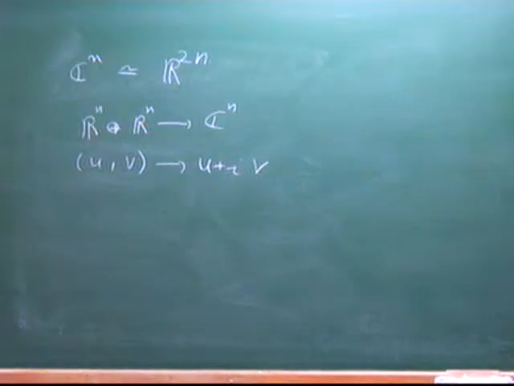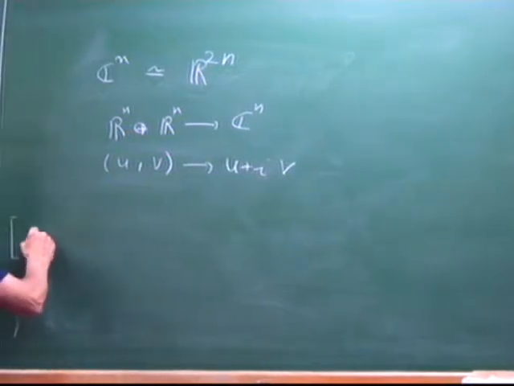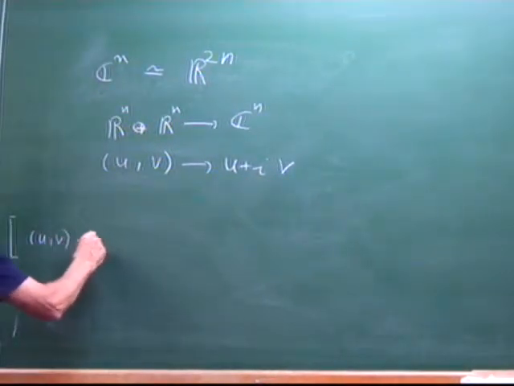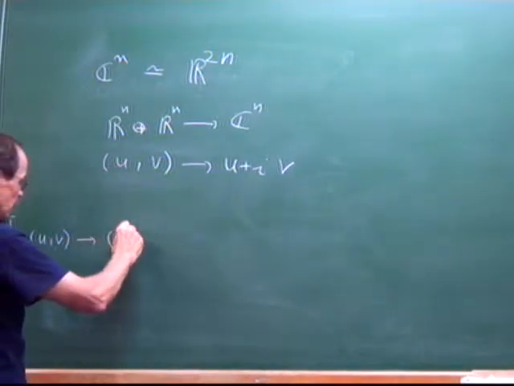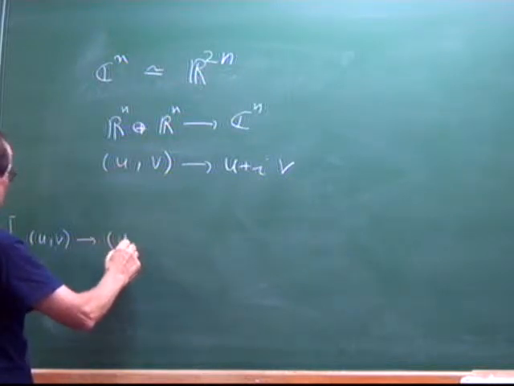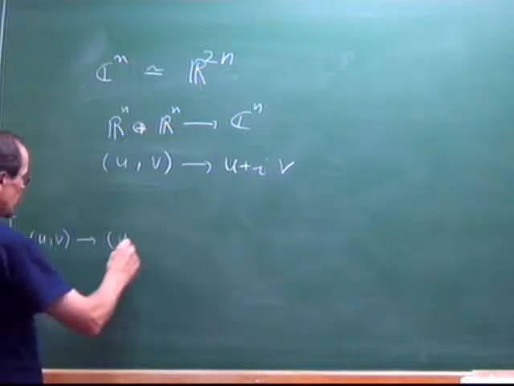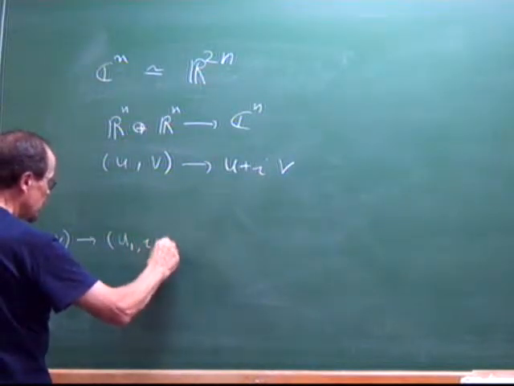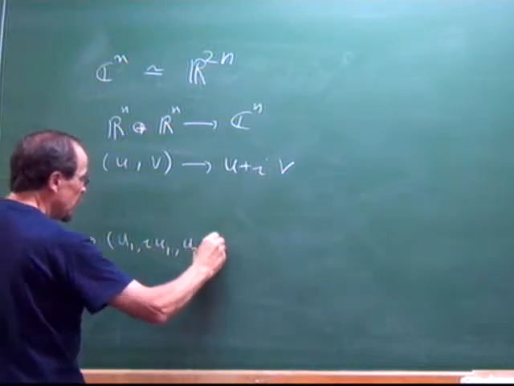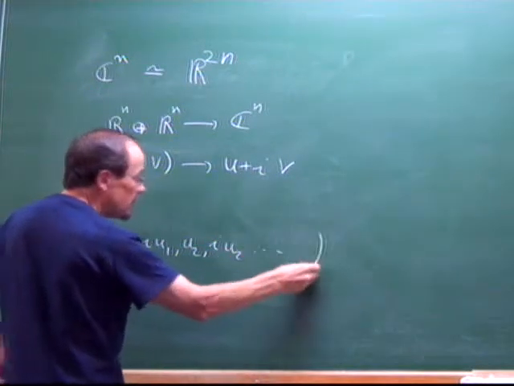That's my identification. Another common one that you see in books is where I take (u, v) into u1, iu1, u2, iu2, and so on.